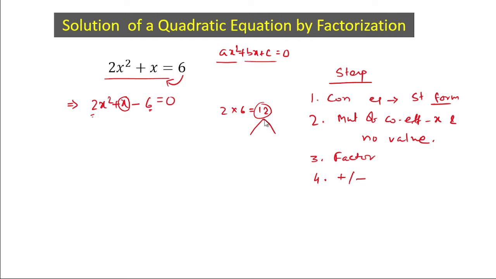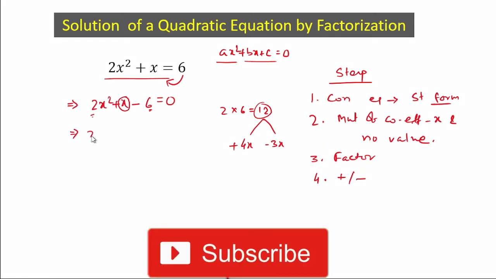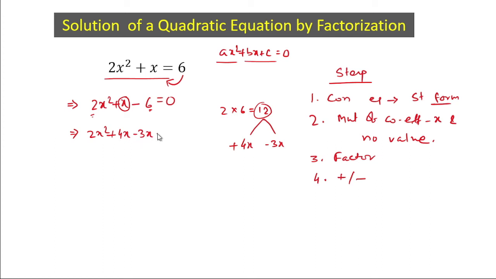So 12 means 4 and 3. If we put plus 4x and minus 3x, it will be plus x. So friends, we'll write 2x square plus 4x minus 3x minus 6 is equal to 0.